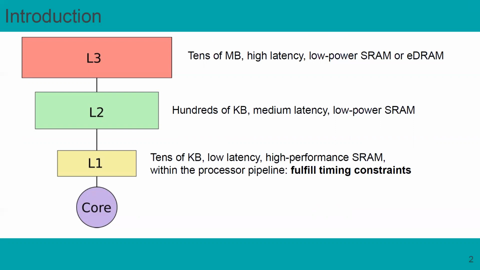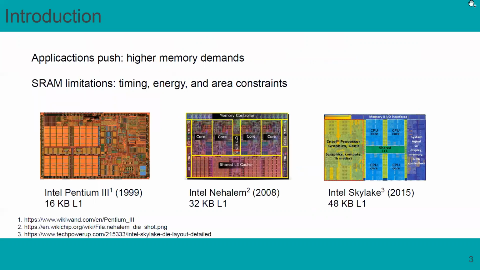Finally, L1 caches reside within the pipeline of the microprocessor, and therefore they are very small, in the order of tens of kilobytes. They are implemented with high performance SRAM and have a low latency to fulfill the pipeline timing constraints. On the other hand, applications demand an ever-increasing amount of memory resources.